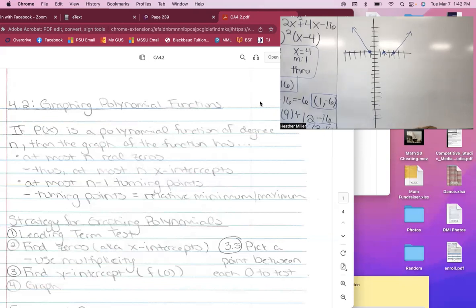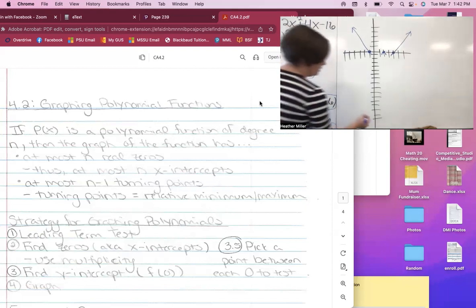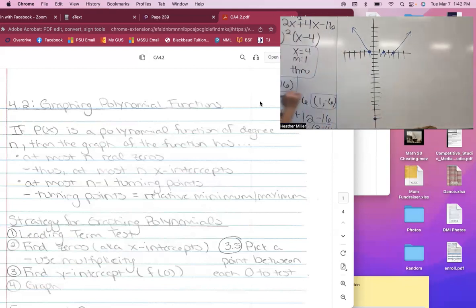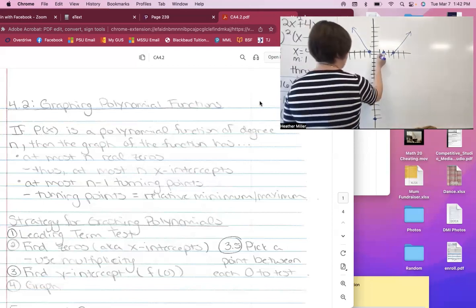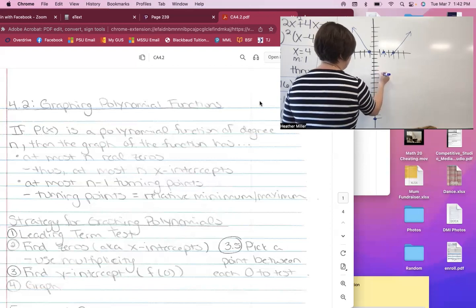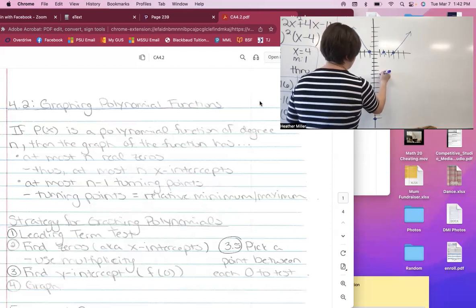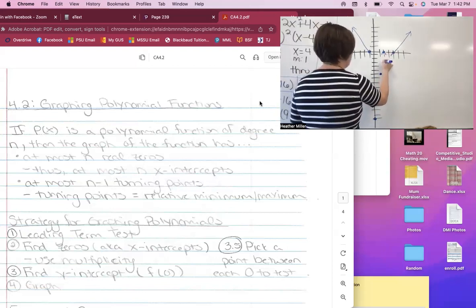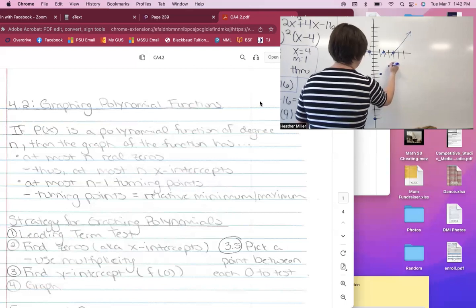Now I'm ready for my y-intercept, which is at (0, -16). That's all the way down here. I know that at 1, I'm at -6. 1, 2, 3, 4, 5, 6. So that's right here. And I know that at +3, I'm at -4. 1, 2, 3, 4. So I'm up here.